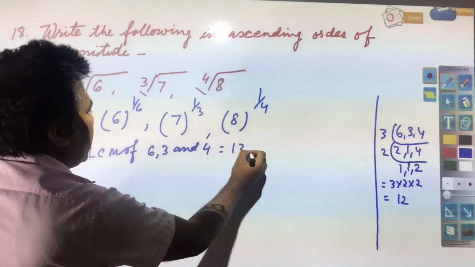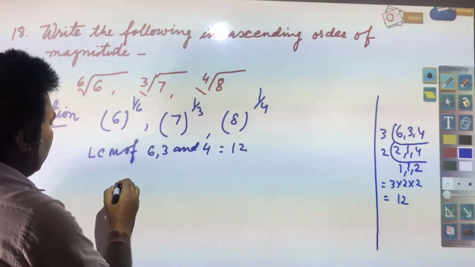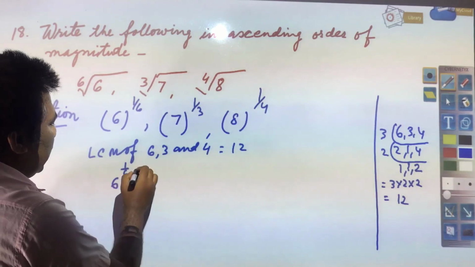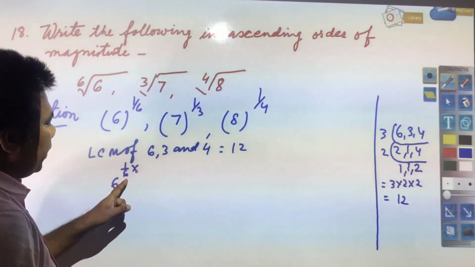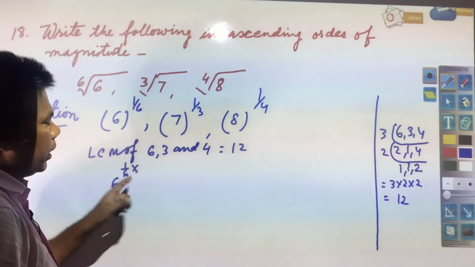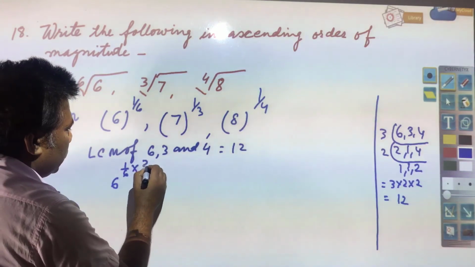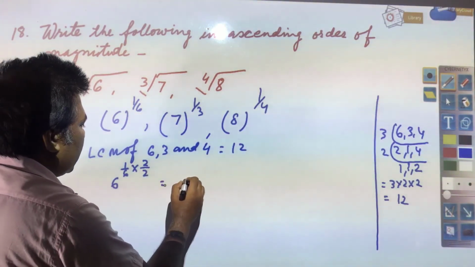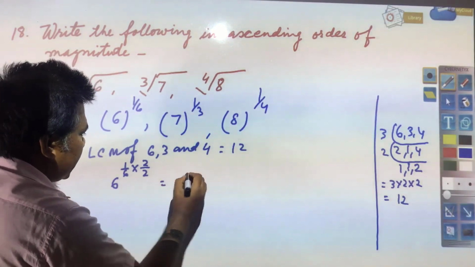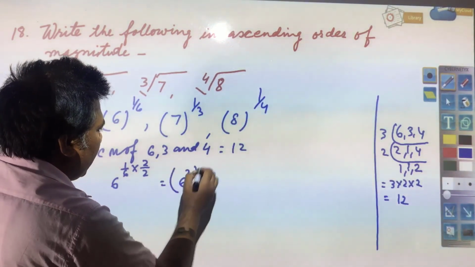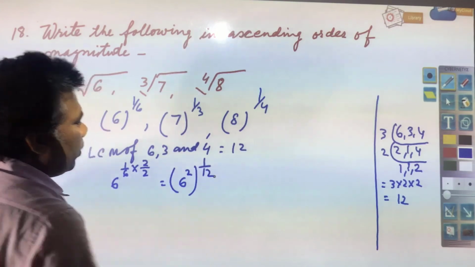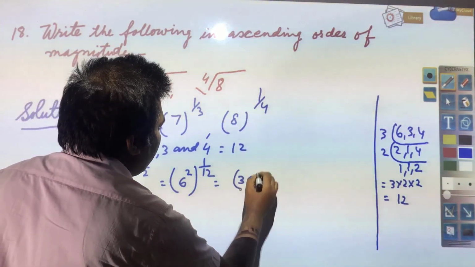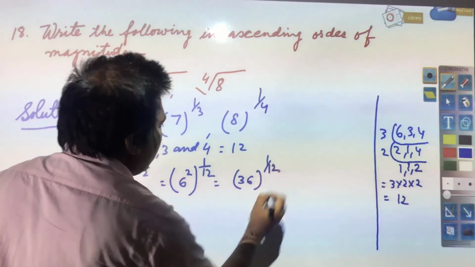So, your LCM is 12. Now, what we will do? 6 to the power 1 by 6 into what we will multiply, so that denominator will become 12? So, this should be multiplied by 2 by 2. So, what you will get? It can be written as 6 square to the power 1 by 12. It means 36 to the power 1 by 12.